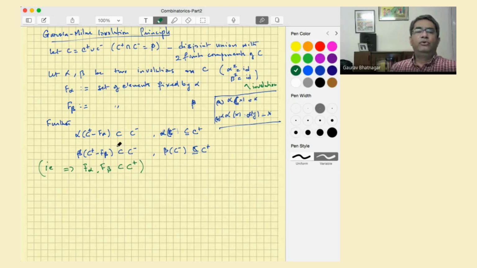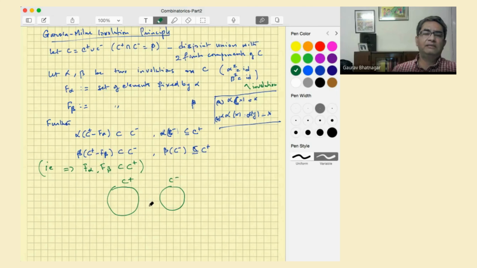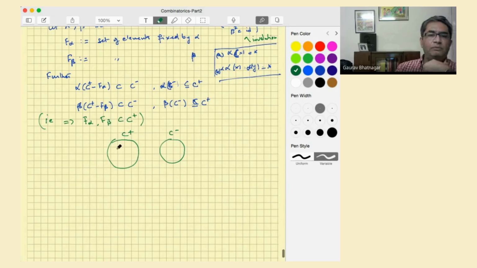So what's happening is that you have a C which is broken into two parts, plus and minus. This is the positive part, and then you have an F alpha and an F beta.